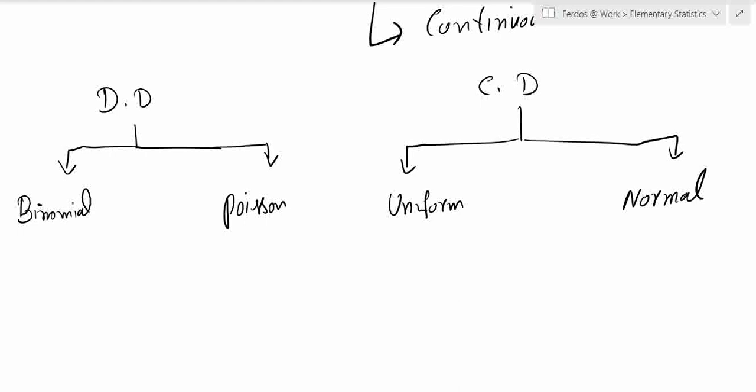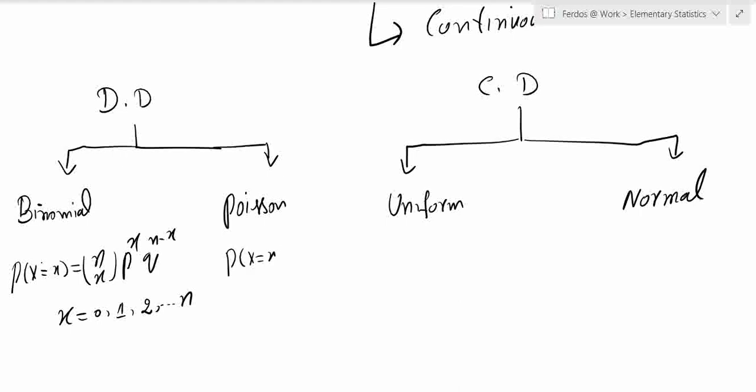I will write the functions as well. The function for binomial is f(x) = nCx p^x q^(n-x), where x = 0, 1, 2, up to n. The function for Poisson is e^(-mu) mu^x divided by x factorial, x from 0 to infinity.